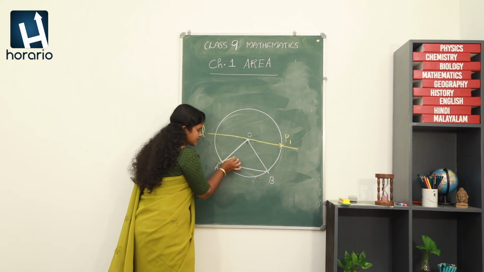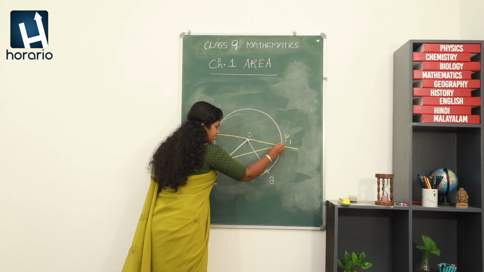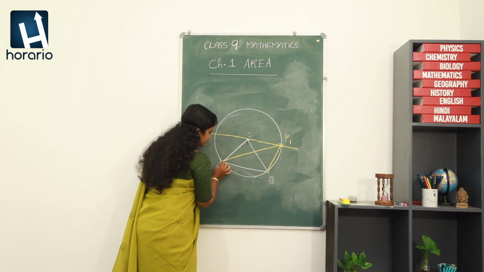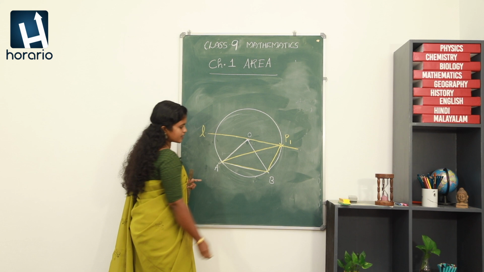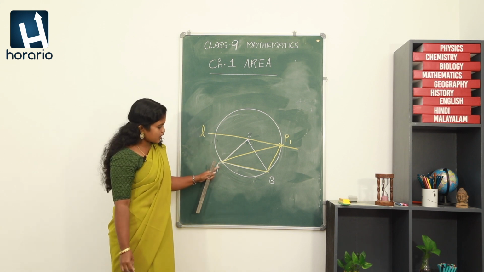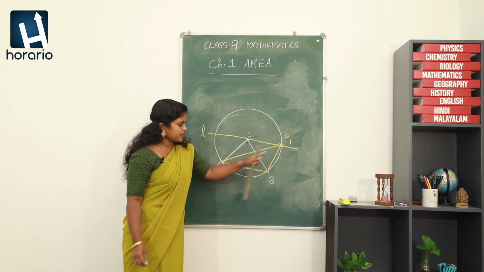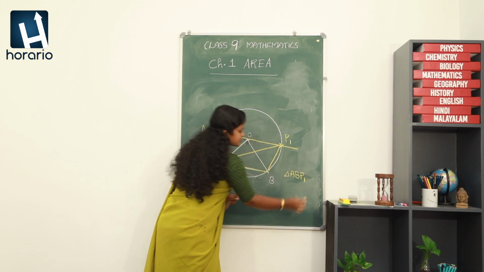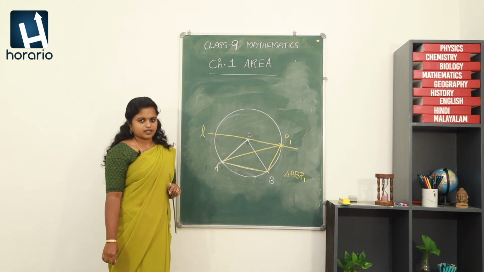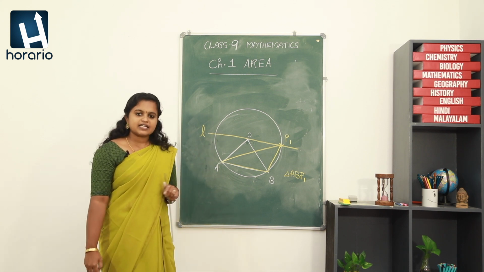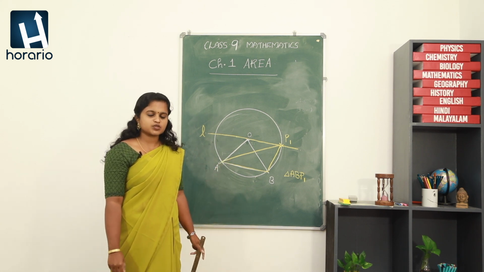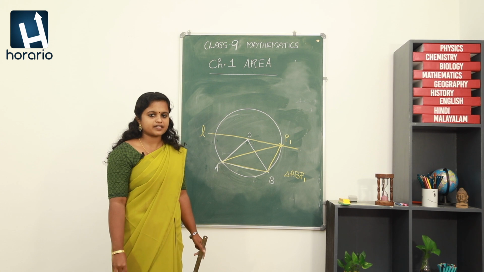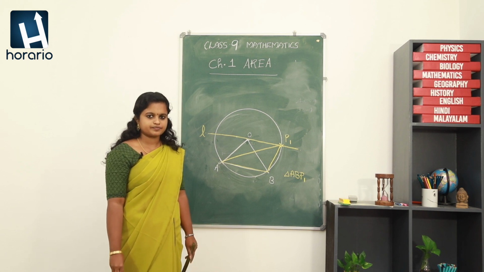Anyway, we can get this triangle ABP1. So this yellow triangle, can you identify the color? This yellow triangle ABP1 is the required triangle. Now my question, is it the only triangle satisfying those conditions? Can you find any other triangle like that?